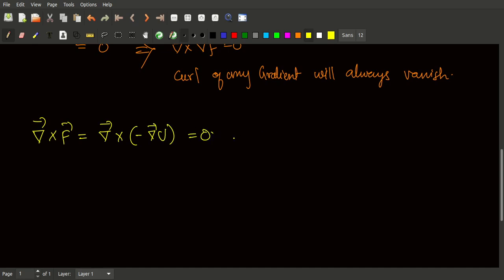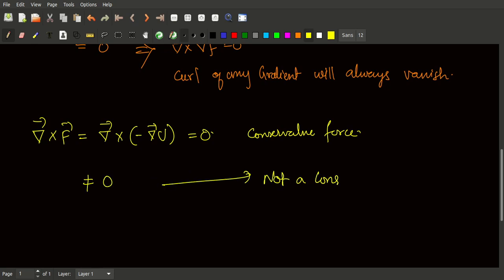If I am getting this equal to 0, it is a conservative force, because conservative force can be represented as a negative gradient of the scalar function. If it is not equal to 0, then it is not a conservative force.